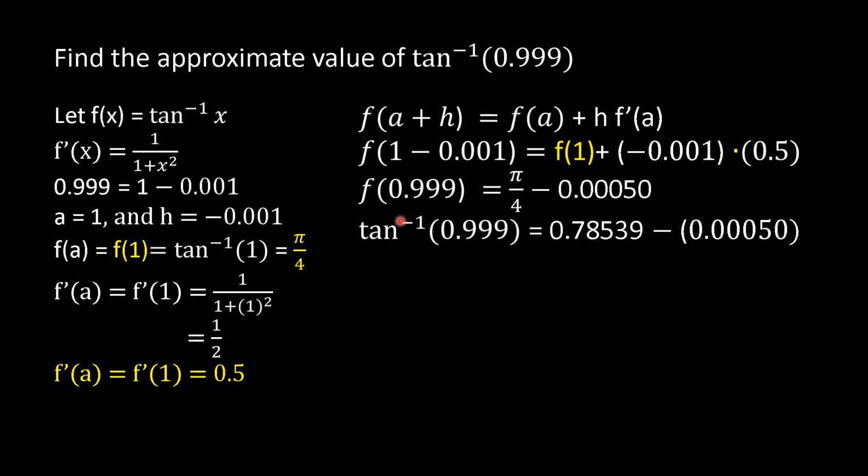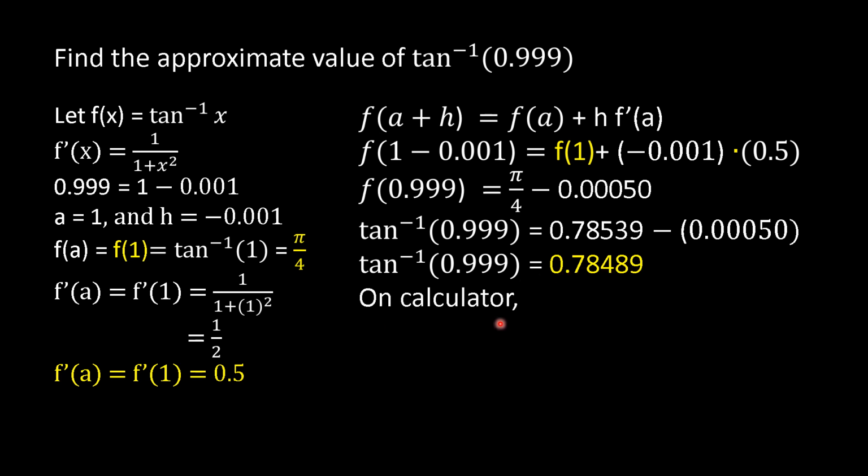We write tan inverse of 0.999 equals pi by 4, which is 0.78539, minus 0.00050. So we get tan inverse of 0.999 as 0.78489.